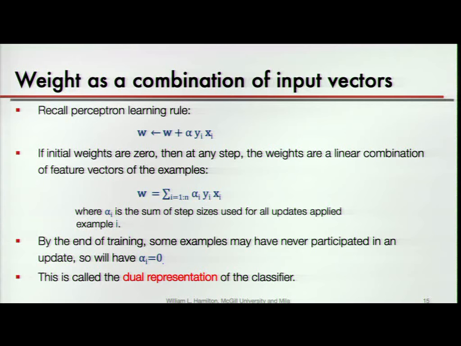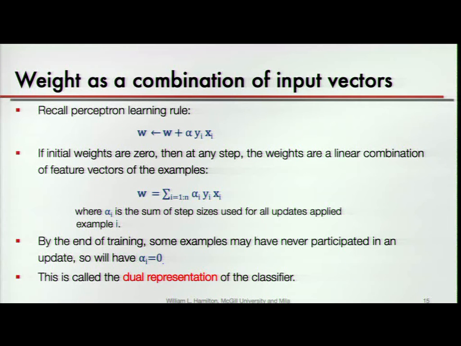This would mean that we never actually had to use this data point in this update equation, and that means that data point isn't actually used to compute our parameter vector. So our parameter vector that we learn using the perceptron learning algorithm is always just going to be some linear combination of our input features, but it might just be a subset of all of our data points. So only a small set of our data points might actually be involved in the learning.